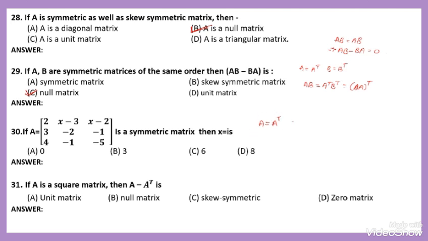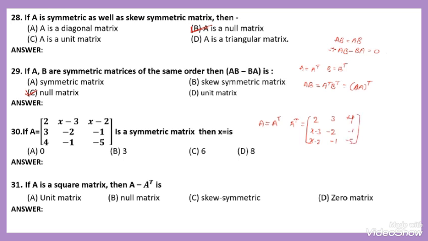I will write the transpose, where the rows are written as columns: 2, x minus 3, x minus 2, then 3, minus 2, minus 1, then 4, minus 1, minus 5.